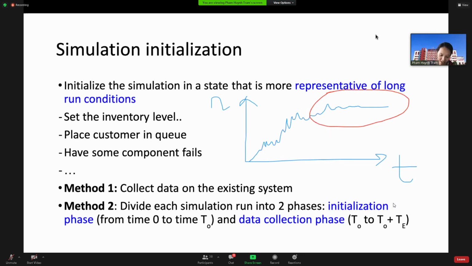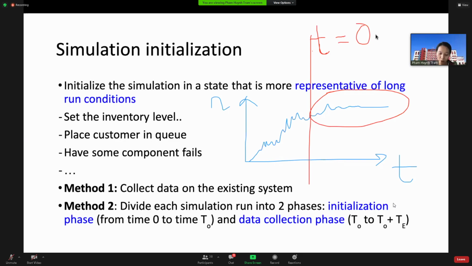All right, now the first method is we will initialize a simulation in a state that is quite representative of the steady state. So we can start our simulation at time 0 here. This is our time 0, the simulation plot at time 0.